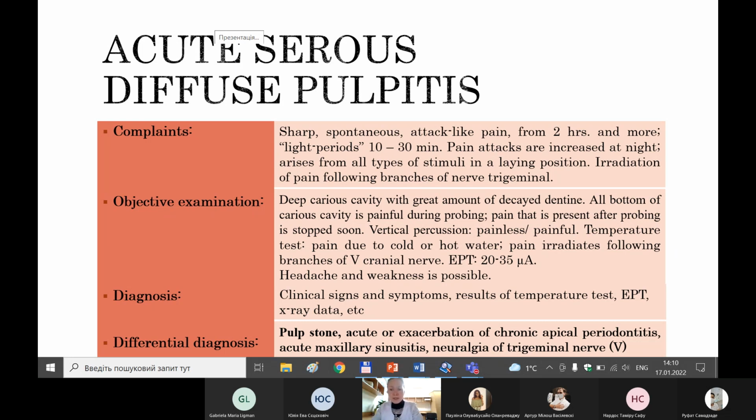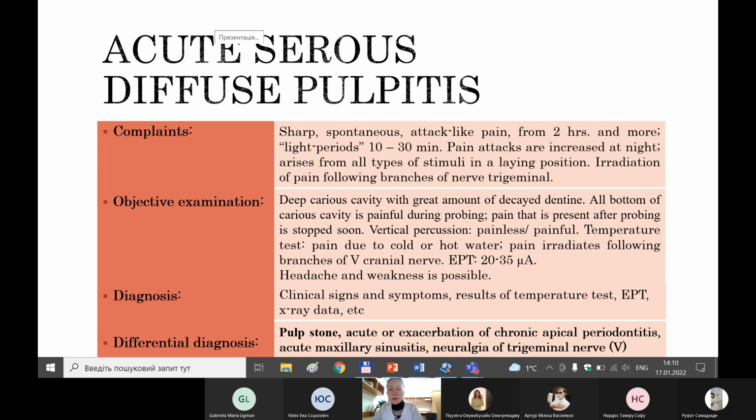Light periods decreased, only 10-30 minutes. Pain attacks are increased at night, arise from all types of stimuli, especially in a laying position. Irradiation of pain follows branches of the trigeminal nerve. That's why the patient cannot indicate which tooth is painful. It seems to the patient that all teeth cause discomfort, cause pain to them.